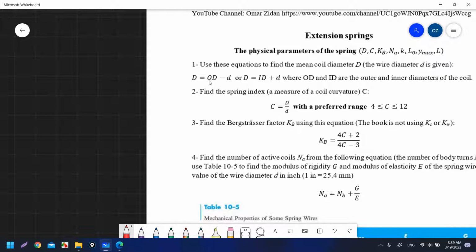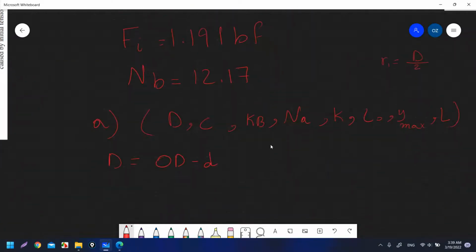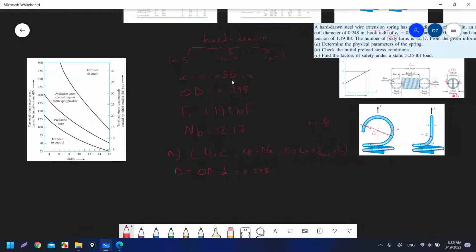And if you are given the inner diameter, then you add the wire diameter to find the mean diameter. So D is equal to the outer diameter minus the wire diameter. The outer diameter is given in the question, 0.248, minus the wire diameter, 0.035.